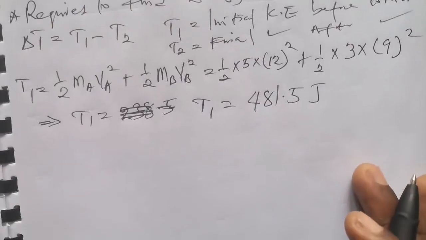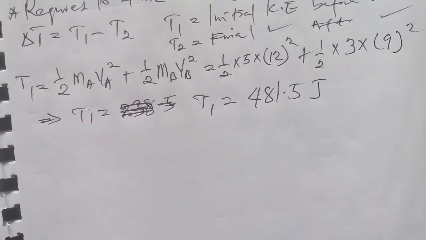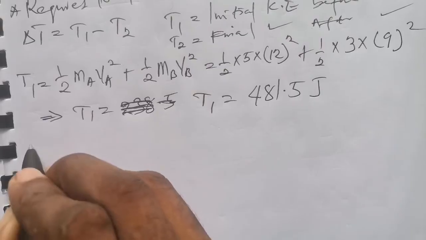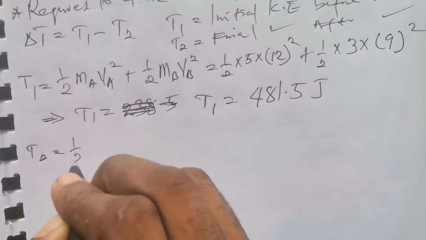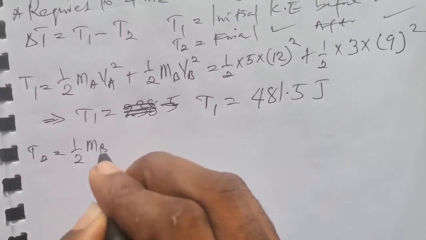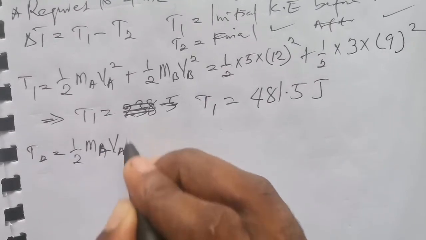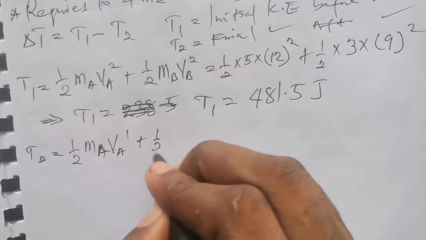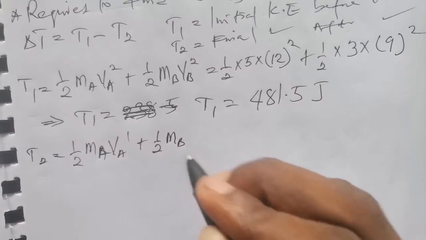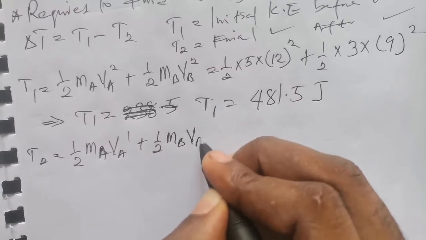Similarly, we find the kinetic energy after collision, which is T2. It is equal to 1 over 2, mass A remains the same, times the speed of collar A after collision, V_A prime, plus 1 over 2, mass of collar B remains the same, times its new speed V_B prime.